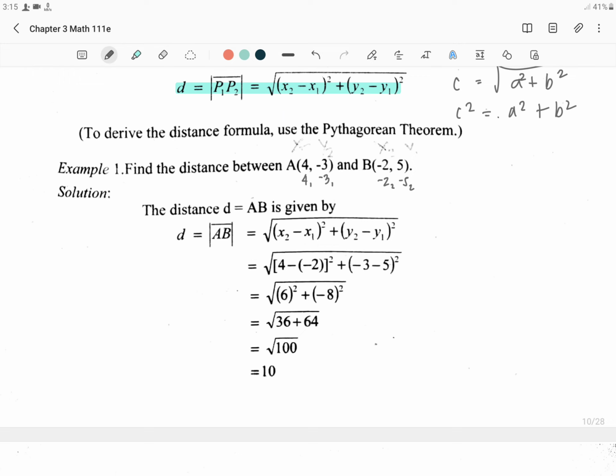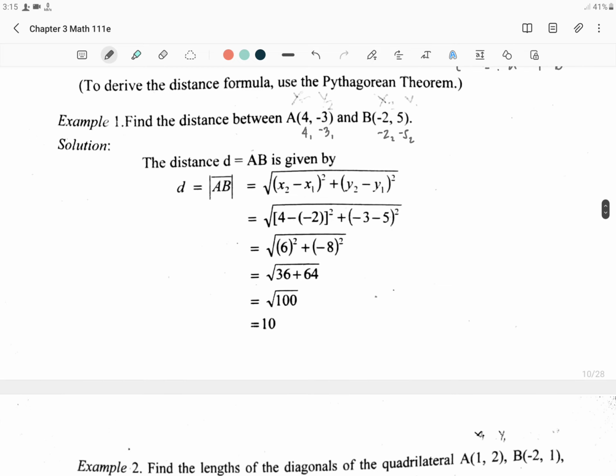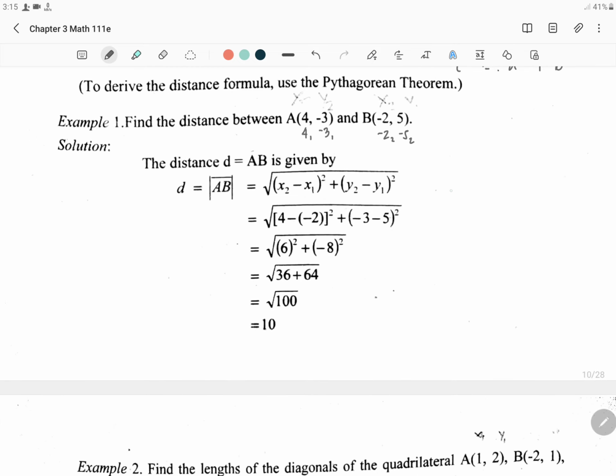Okay? So let us proceed, or allow me to also give my own inputs. So we have square root of the quantity of x sub 2 minus x sub 1, raised to the power of 2, plus the quantity of y sub 2 minus y sub 1, raised to the power of 2.